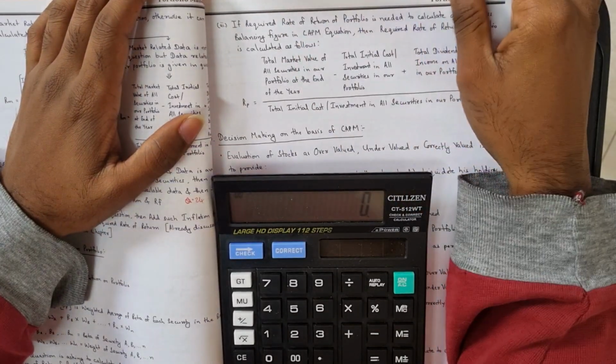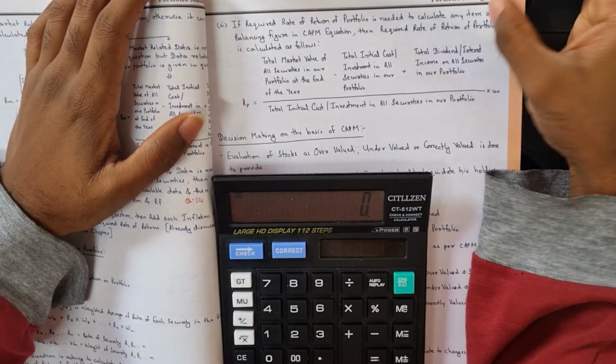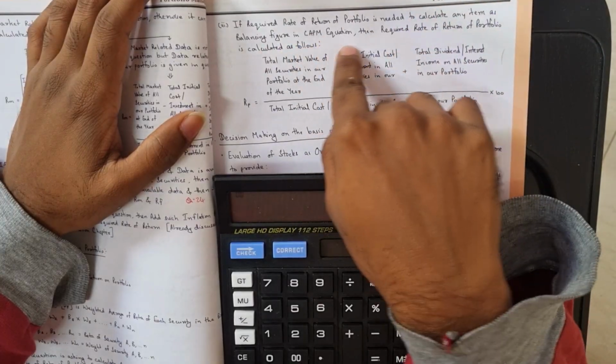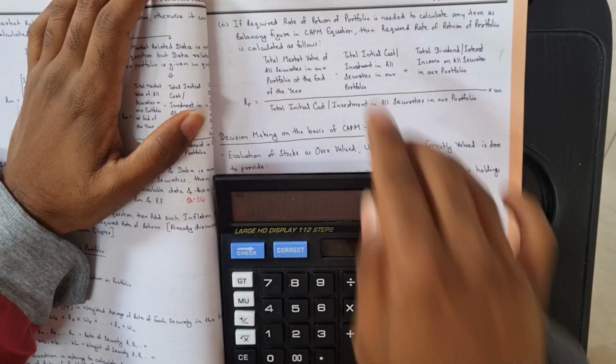Next, if required rate of return on portfolio is needed to calculate any item as a balancing figure in the CAPM equation, then required rate of portfolio is calculated as follows.